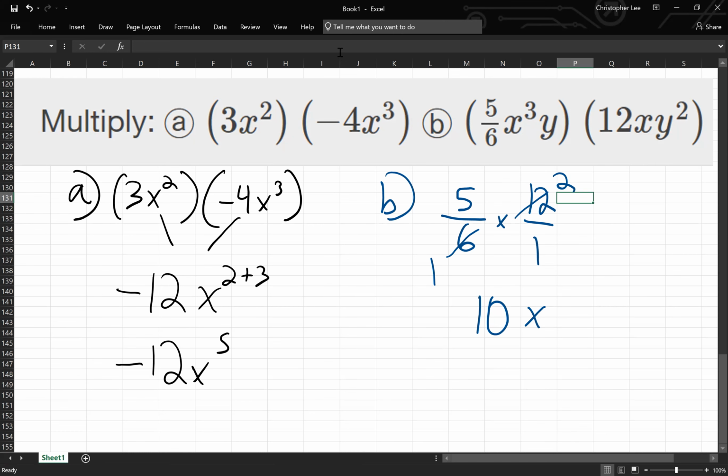X to the fourth. So remember, whenever I'm multiplying exponents, I add the powers. So x to the 3 times x to the 1 is going to be x to the 4. Same thing with the y. We're going to add the powers, so 1 plus 2 is 3.